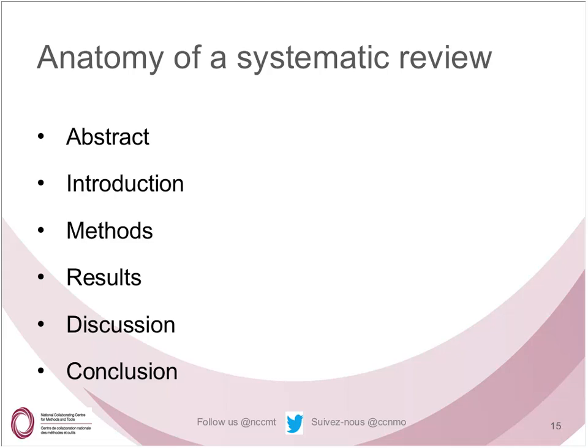And then in terms of the results, generally what we tend to see is, your first paragraph of the results or first sentences are going to be about how much literature was found and how many and which studies end up being included in the review in the end.